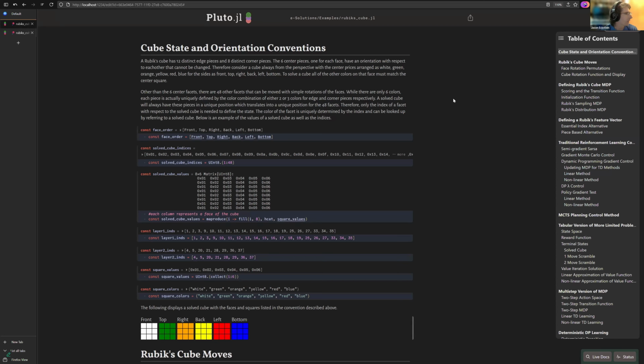First of all, it looks like there are these colors and these different squares, but really every piece of the cube, like these corner pieces that have three sides, and actually every piece, the edges and the corners, are completely unique pieces because they all have their own unique combination of colors.